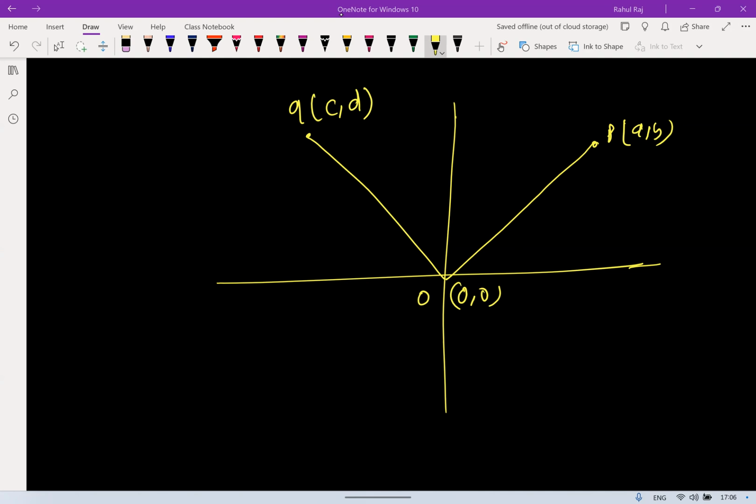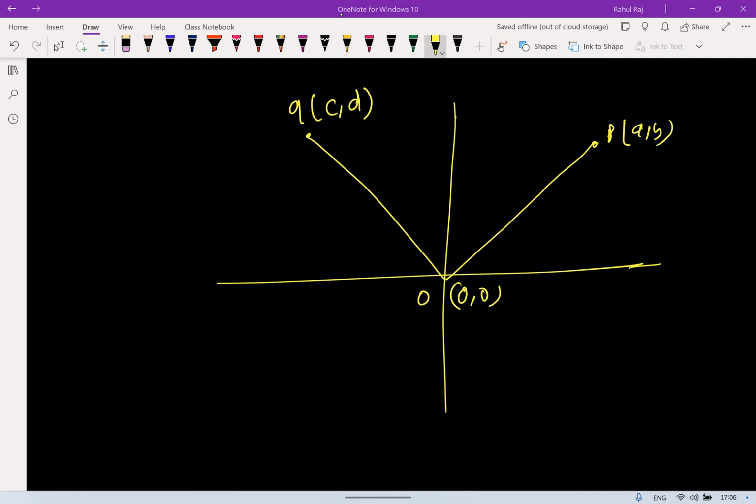Root of b square plus a square. Hey, sorry. I'm so sorry.